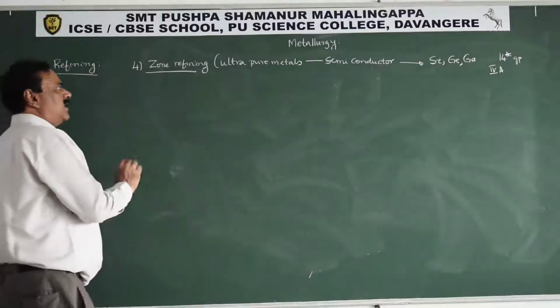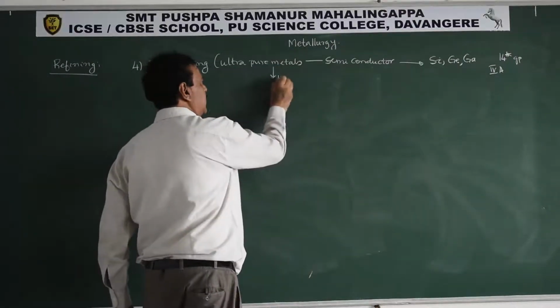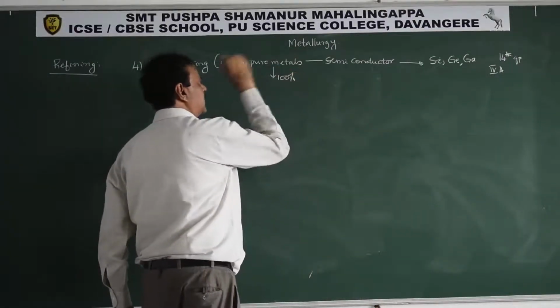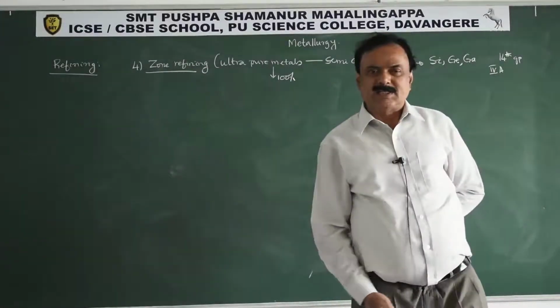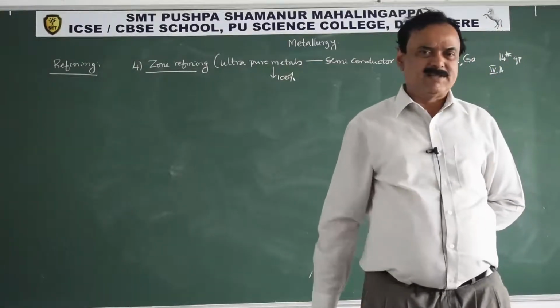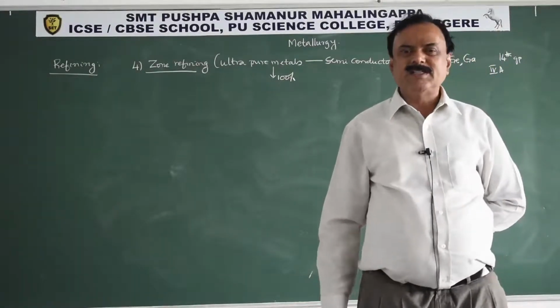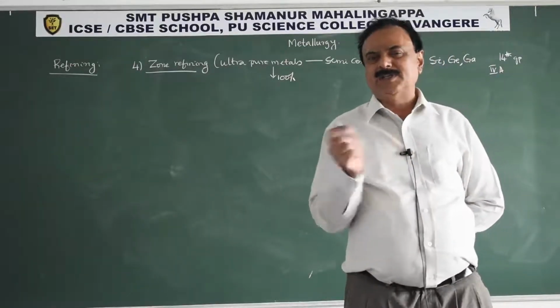Now in the zone refining technique, ultra pure metals are obtained, that is very pure, perfect, 100% pure metals, which are used in electronic media, semiconducting materials. In electronic media or semiconducting materials, there are junctions, you know about the PNP junctions.